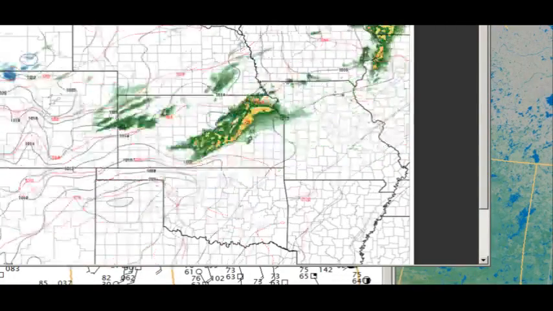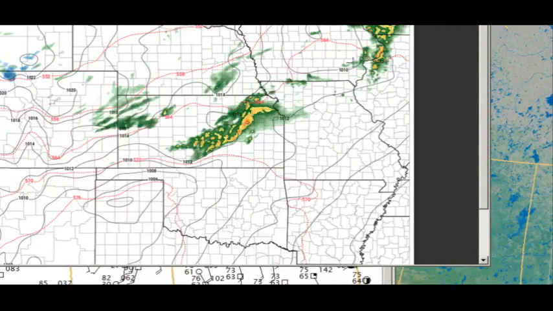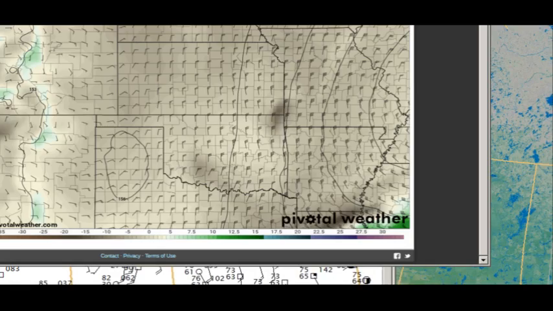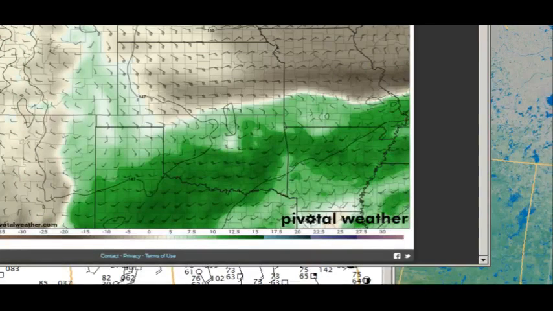So why did that stuff up in Iowa fall apart? I mean, why do we have this gap here? Well, it could be a lack of upper air support. Another thing we might look at is storm relative inflow. Let me take a look at the products here real quick.